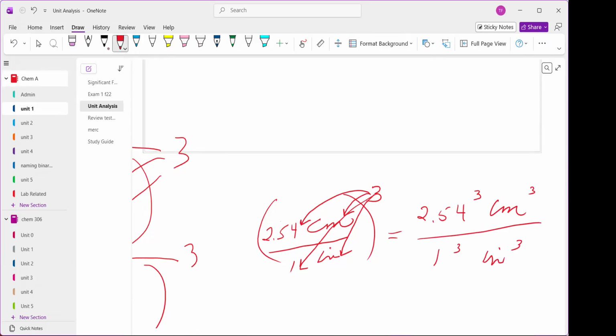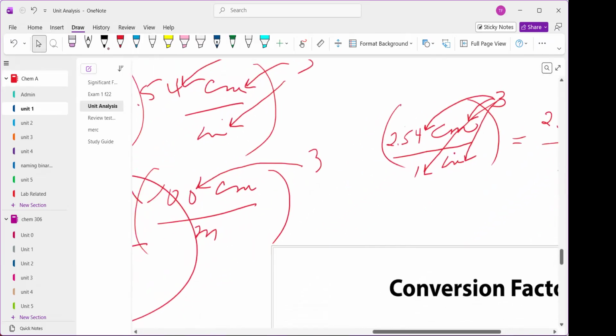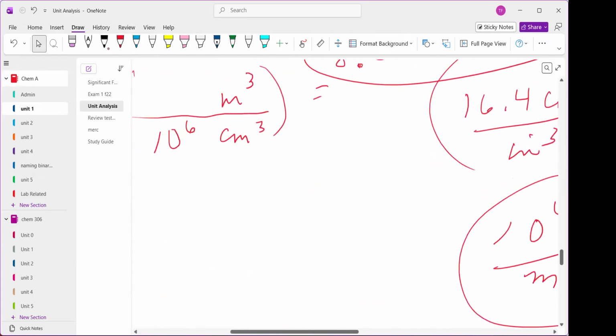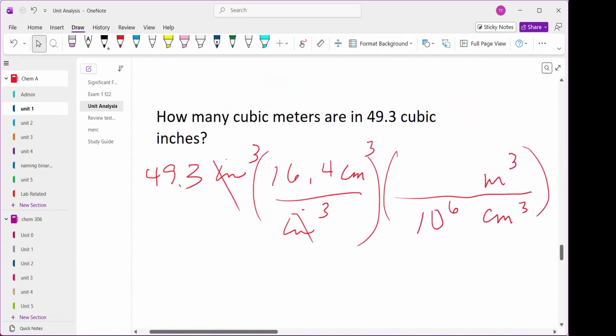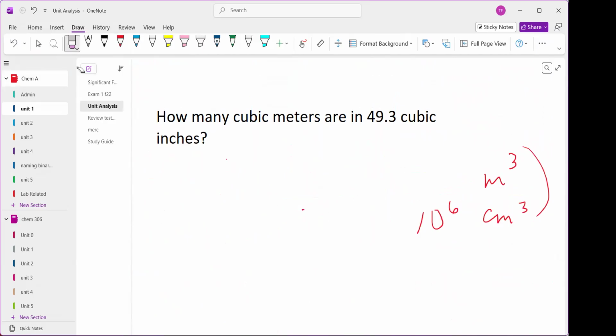So if we were to convert, we're starting with 49 cubic inches.